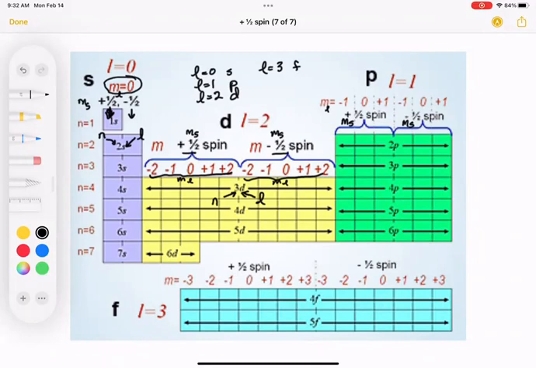Any questions? I'm going to give you time to draw the periodic table and get a gist of this, because it's going to be super useful when we start doing electron configurations as well as quantum numbers from those electron configurations.